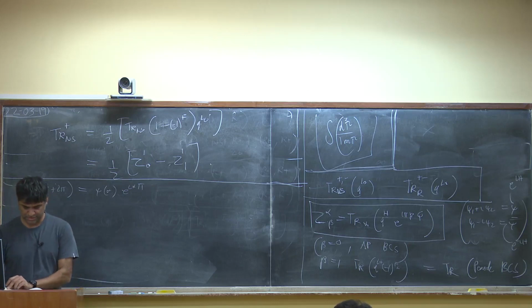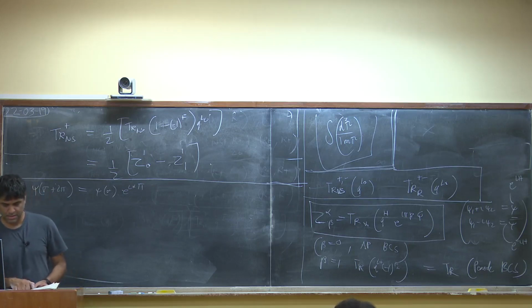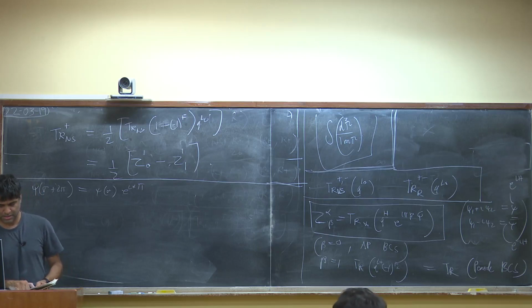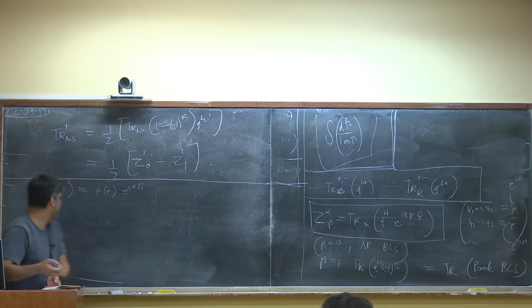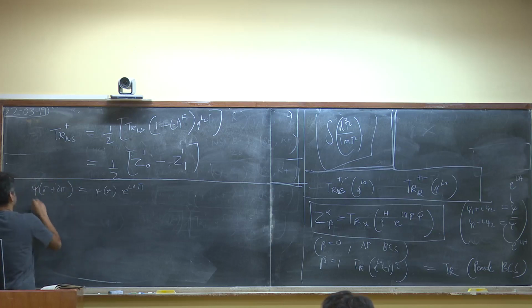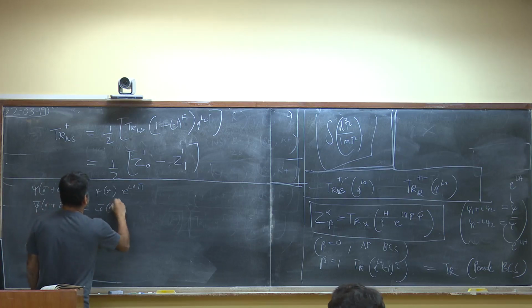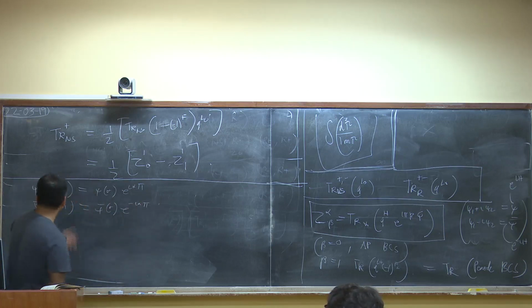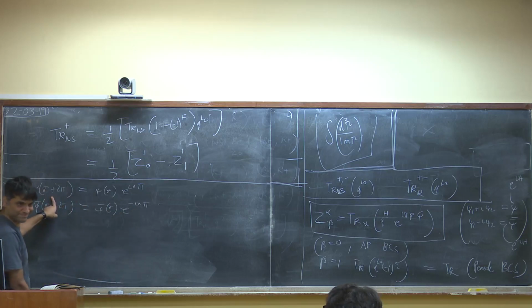Alpha squared by 2 is the dimension for the ground state. Yeah, I think it's just i alpha pi. And psi bar of sigma plus 2 pi is equal to psi bar of sigma e to the power minus i alpha pi. So now let's do the expansion of this guy.